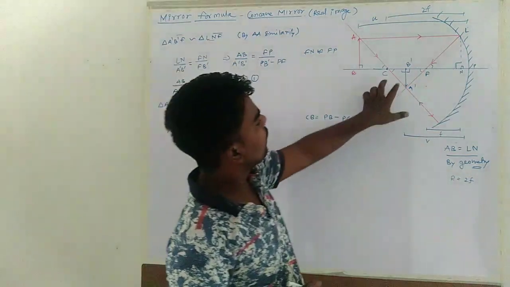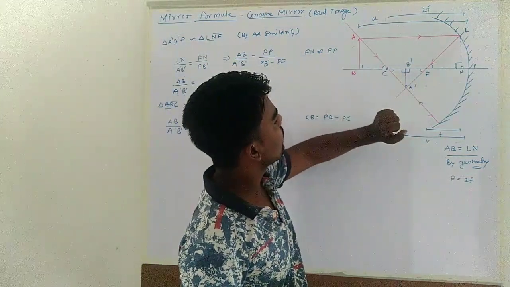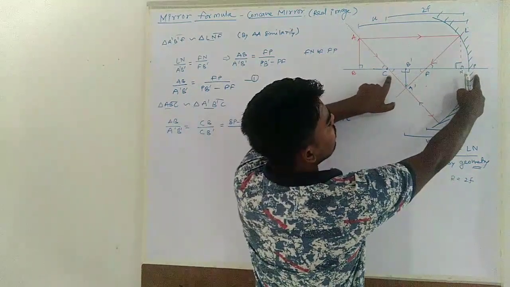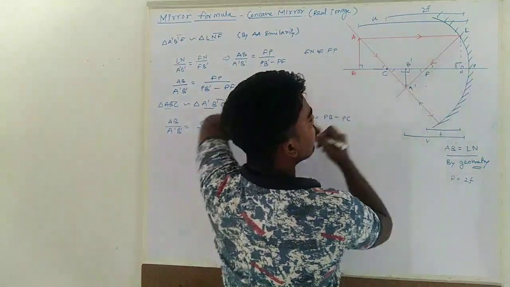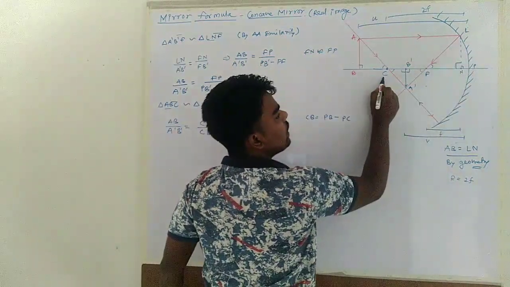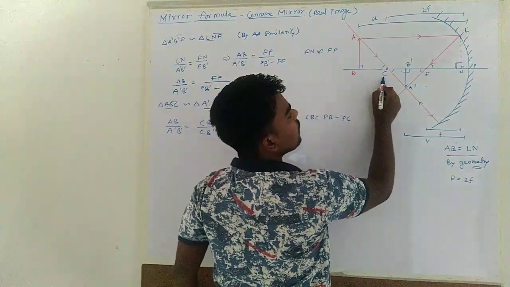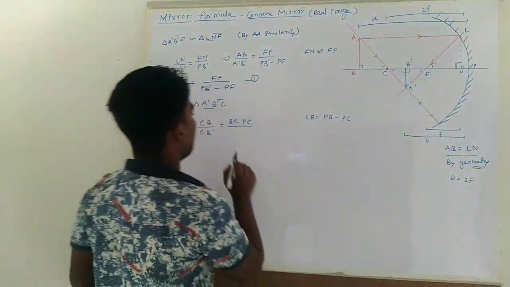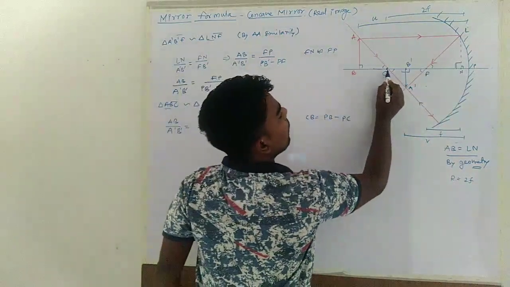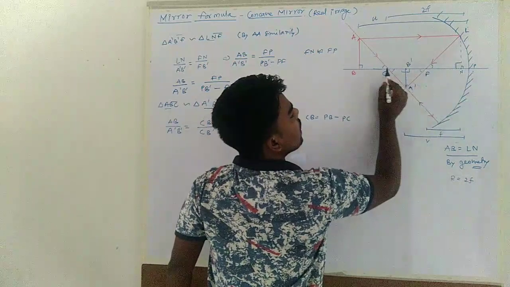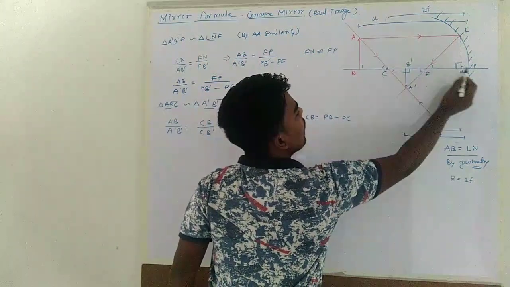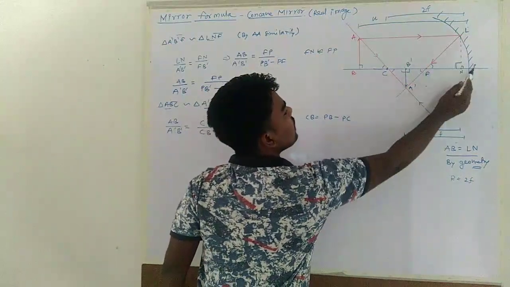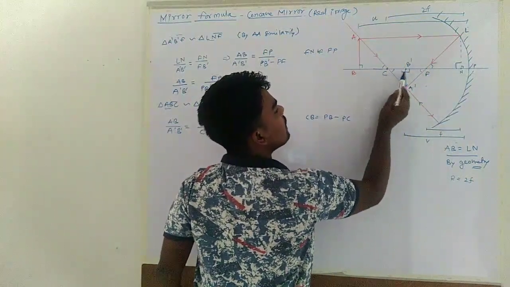Similarly, how will we write CB dash? CB dash we can write as PC minus PB dash. From P to C, one distance is there, that is 2F minus PB. Here PC minus PB will become CB dash.